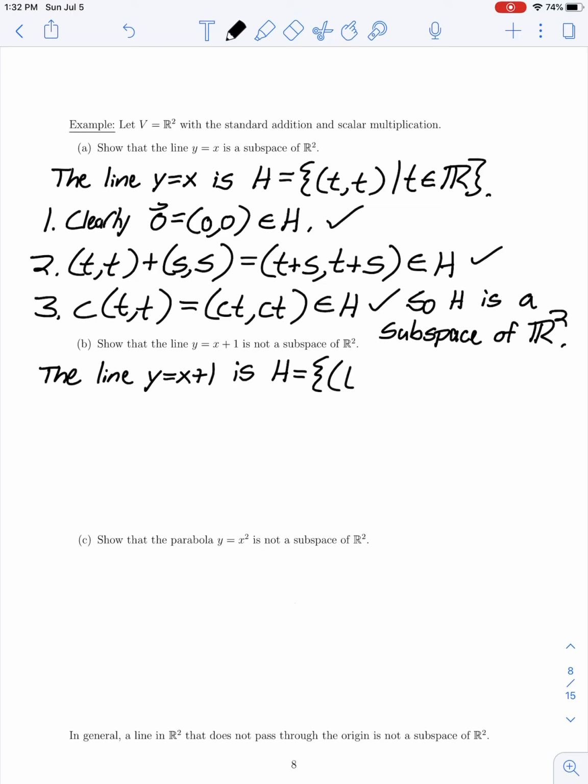So something of the form (t, ...) for x, and if x is equal to t, well, y is x plus 1, so we would have (t, t plus 1), such that t could be any real number. So we can define the line as this subset of the real plane.